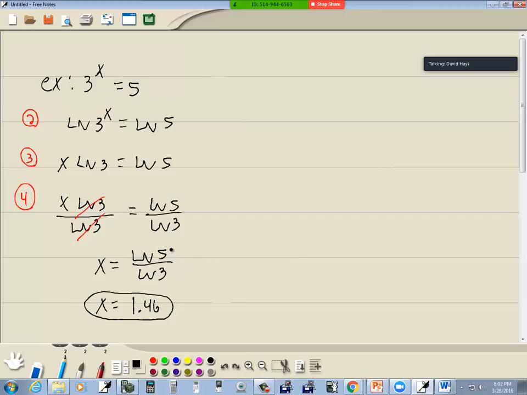Now this natural log of 5 over natural log of 3 is the exact answer. This is an approximation. But that's how you can find out what value of x works here. So 3 to the 1.46 power will give you 5. Well, I rounded it, so it probably won't give you exactly 5, but it gives you really close to 5. But that's how you solve an exponential equation, assuming equality of exponents doesn't work.